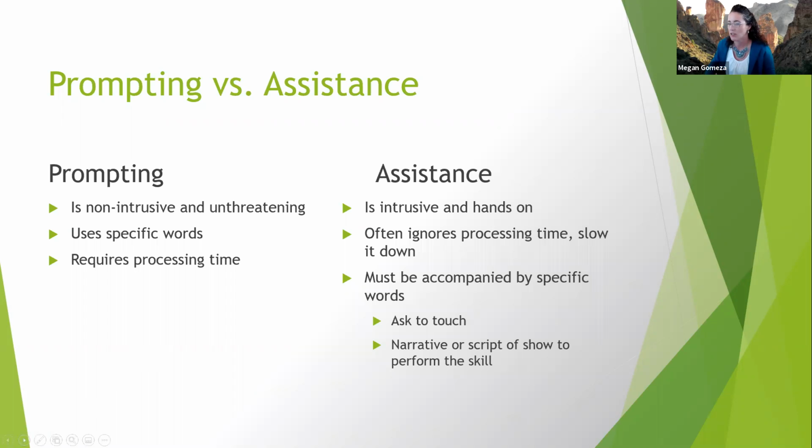Assistance is intrusive and hands-on. It often ignores processing time, so you're supposed to slow it down. The slow down is most often accomplished by some specific wording, like asking to touch.